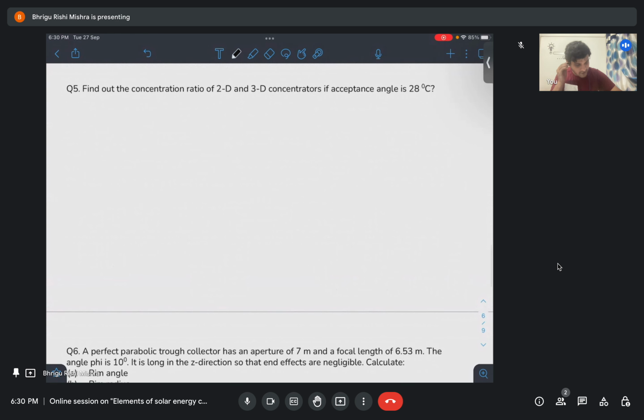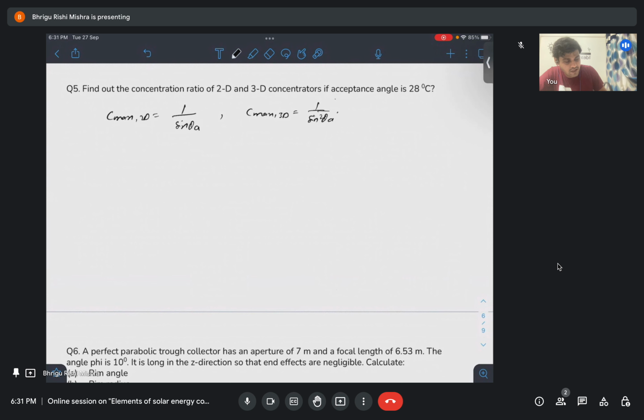Now the next question is: find the concentration ratio of 2D and 3D concentrators if the acceptance angle is 28 degrees. As I wrote earlier, C max 2D is 1 by sin theta A, and C max 3D is 1 by sin square theta.